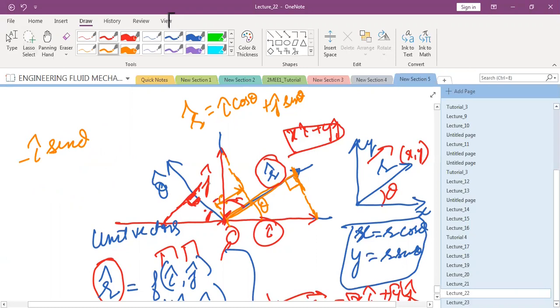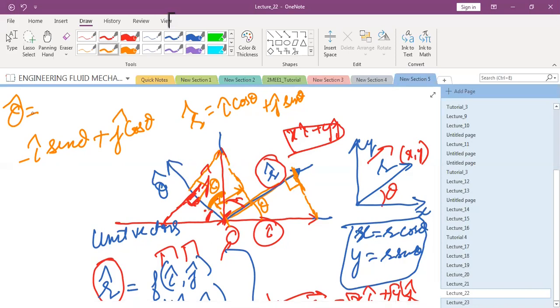What about j projection onto theta? This is angle theta. So what do you get? j cap cos theta. Is that clear now?